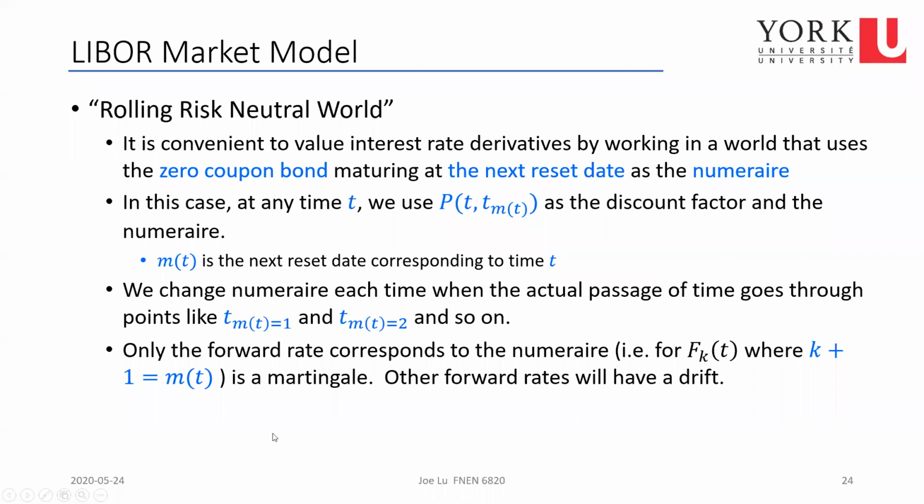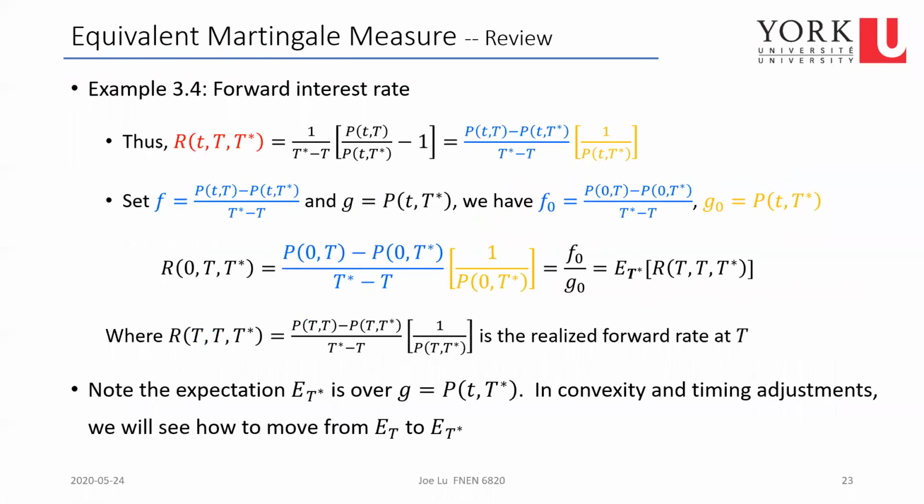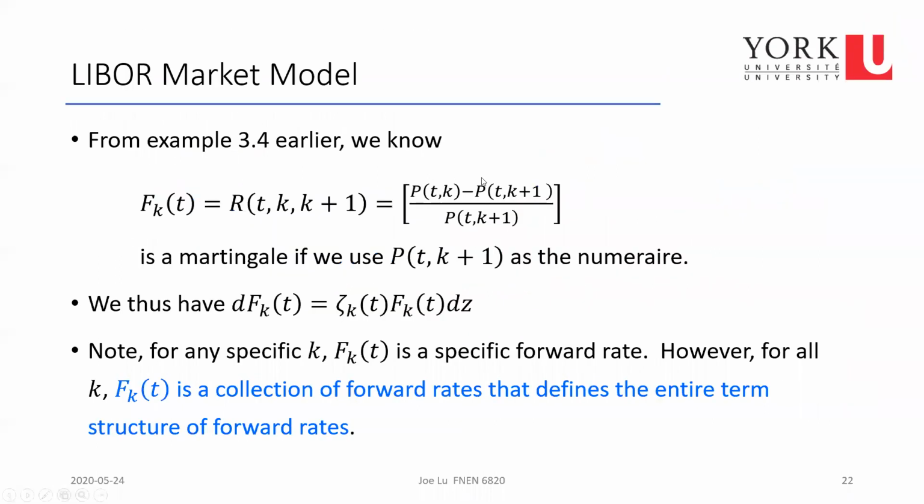Now we see that the forward rate can be expressed as a ratio of two variables, basically between this and this.